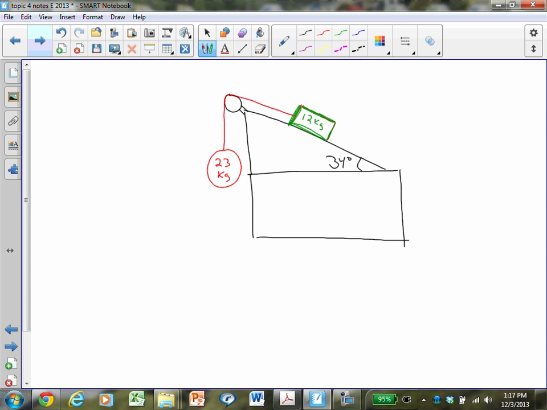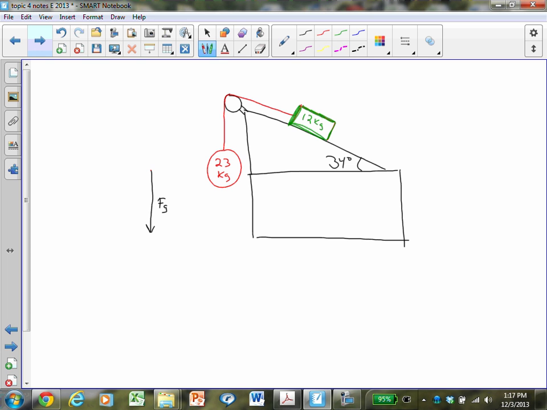Well, first let's draw a free body diagram for both this thing and this thing, okay? So if we look at that, the free body diagram for the hanging mass, what's one thing that we have on it? Okay, it's weight force, right? What other forces? Will?